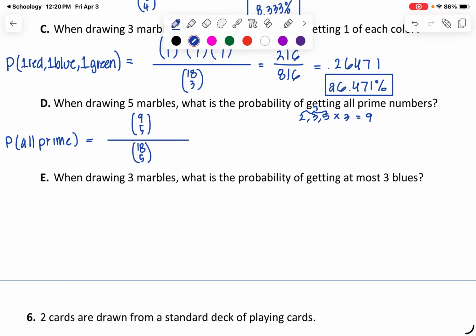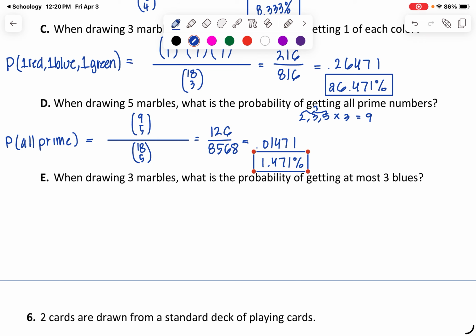So 9 choose 5 is 126 over 18 choose 5 is 8568. Divide those, and I get 0.01471, which is 1.471%.